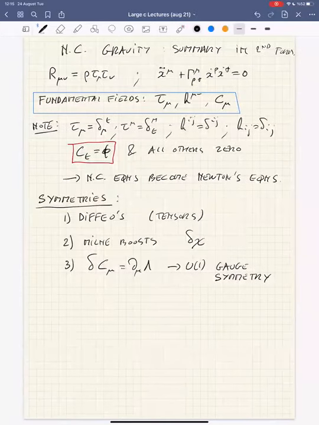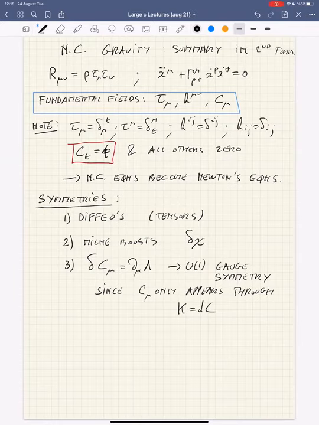So there is this symmetry, since C mu only appears through K, which is dC. It also means the physics is completely independent of this, so there is really no physical meaning to this gauge degree of freedom. So again, it's an extra gauge symmetry.